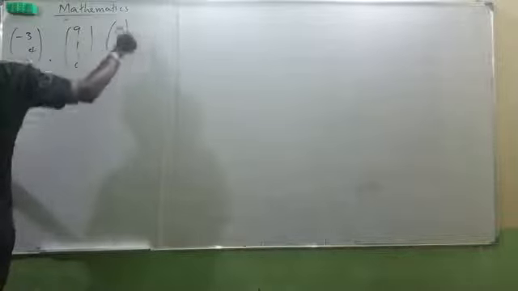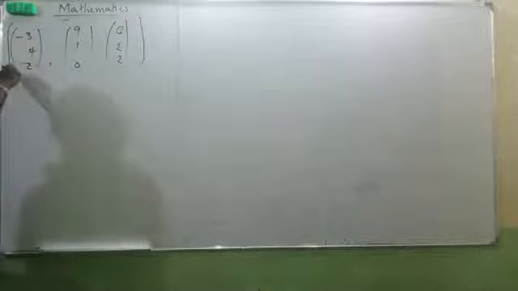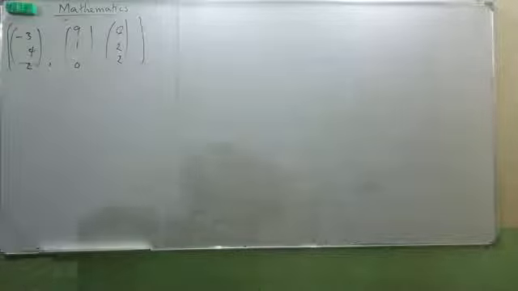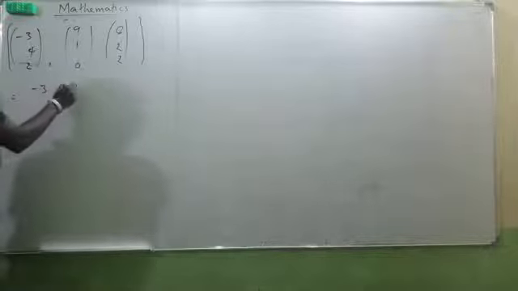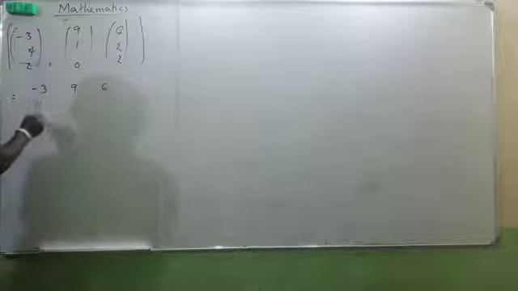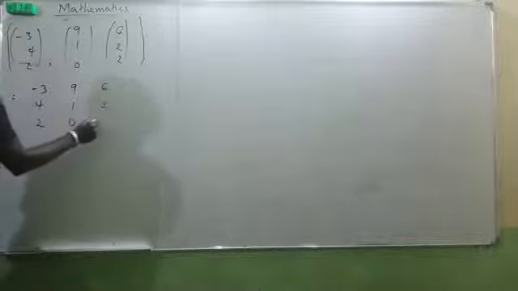Now, this is a problem. I want to generate the span here. How will I generate the span? I will make it a matrix: -3, 9, 6, 4, 1, 2, 2, 0, 2.